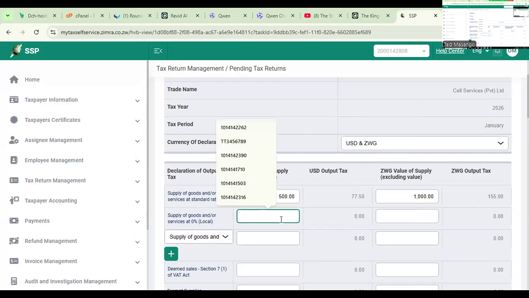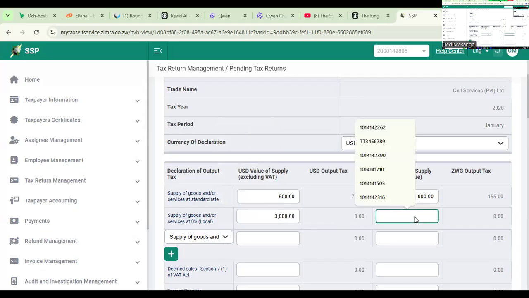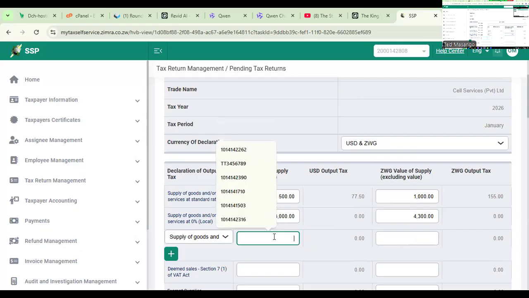Then in this second part now is you are putting those sales that you did which were zero rated. In other words, no VAT was charged. As you saw, that company had most of their sales without VAT. So what it means is you could put the sales there that you did but were not charged VAT. So you're just putting up that, right? So you could find the system doesn't calculate VAT because these are zero rated, right?